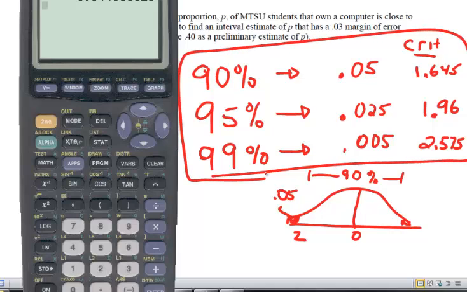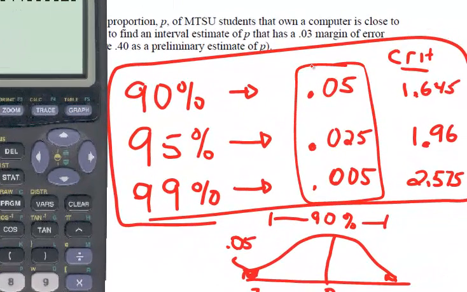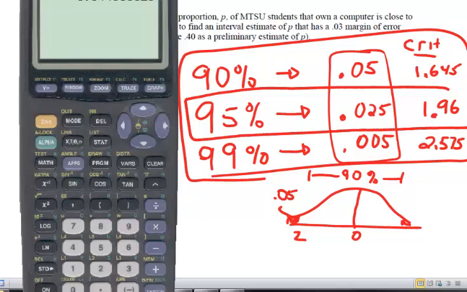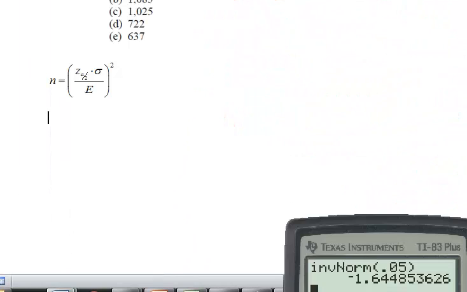You really don't need this part here; hopefully you know how to do that. But make sure you can: if it asks for 90%, we'll use 1.645, 95%, 1.96, 99%, 2.575. It's actually closer to 2.576, but that's okay. So the one we're looking at is this one right here: our z alpha over 2 is 1.96.